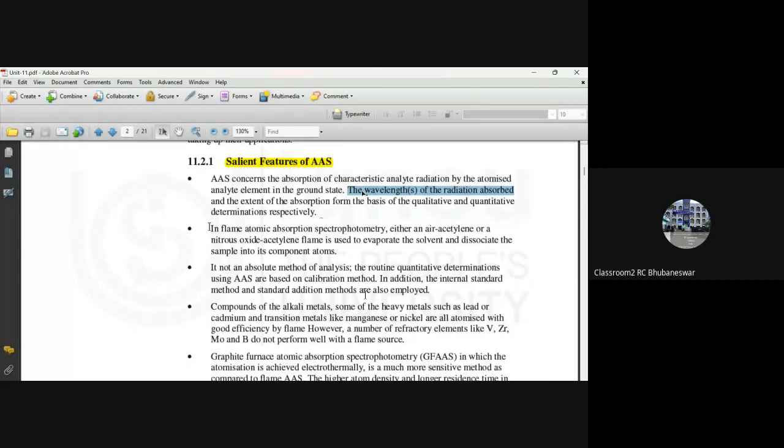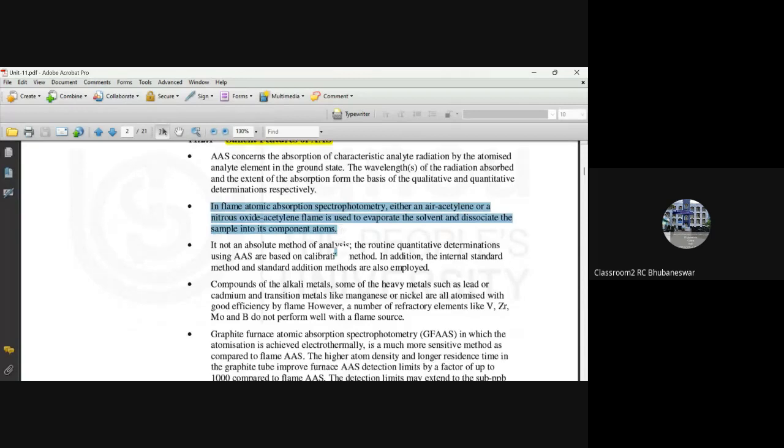So in flame atomic absorption spectrometry, either an air acetylene or a nitrous oxide acetylene flame is used to evaporate the solvent and dissociate the sample into the component atoms. This also we had seen.